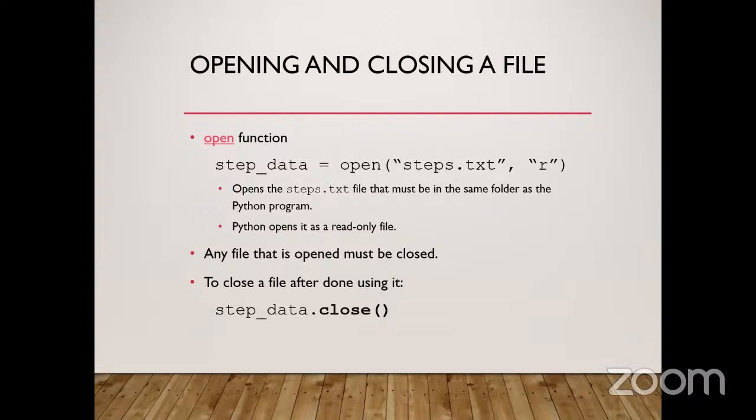so Python specific. We're going to have to open a file before we can use it. So there's an open command. The open command takes the name of the file, and then it takes another parameter. The R stands for read. Now, if all we're going to do is read the data in, perfect.